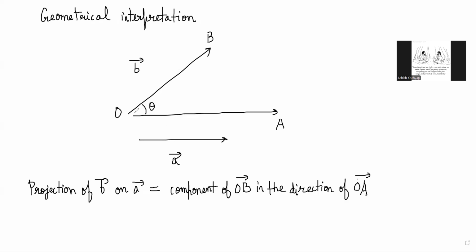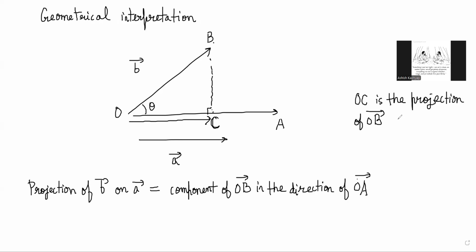Usually the way we do it is the component in this direction would be the projection. If you drop a perpendicular from B onto A, and we call this point C, then OC is the projection of the OB vector on OA, right?